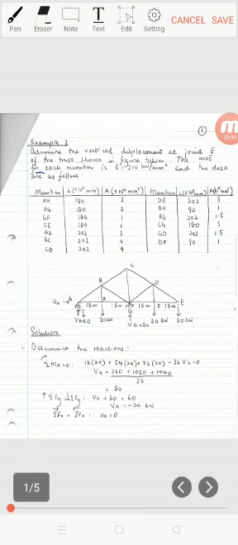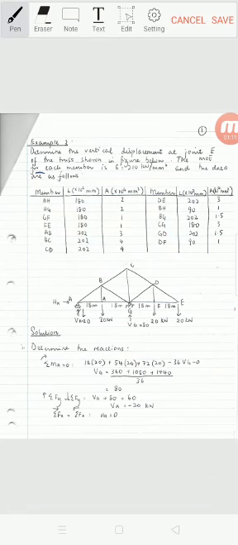Okay, the first step to be solved is to determine the reactions at the support. In this example, we have 3 reactions: HA, VA, and VG.